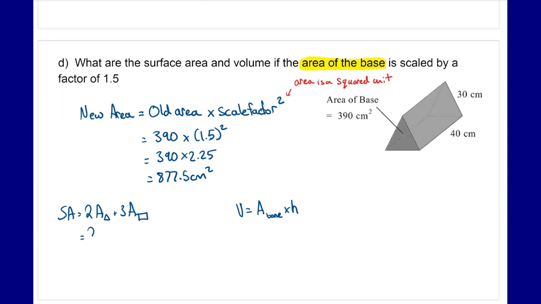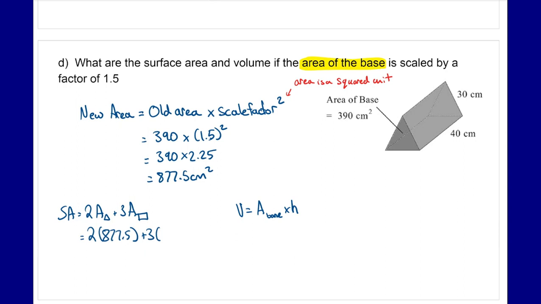So the area has changed, so 2 times 877.5 plus 3 times, going back to our original measurements, we forgot to do one thing. Because the area of the base is scaled by 1.5, the other measurements need to be scaled as well. That was my mistake.